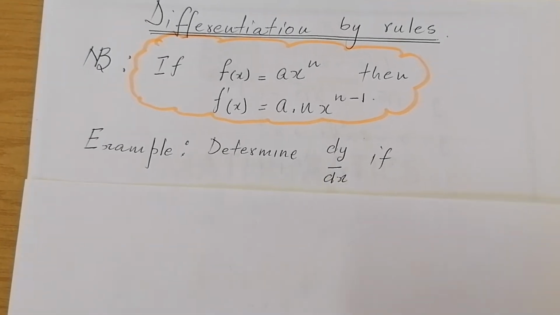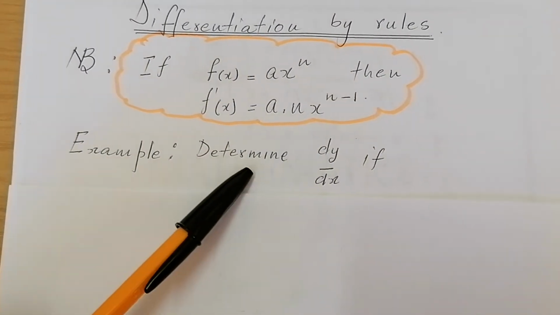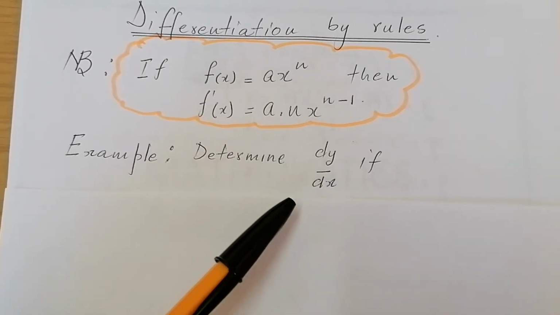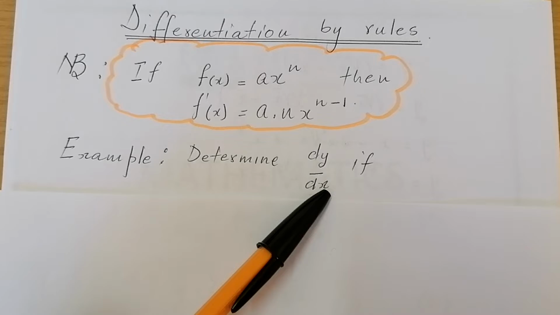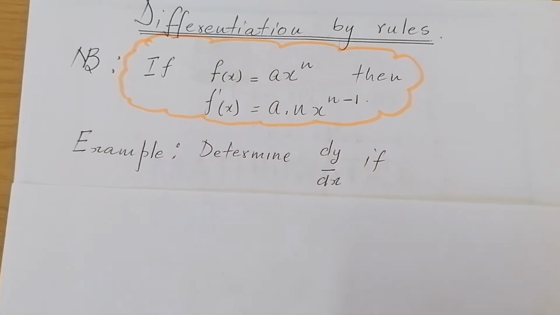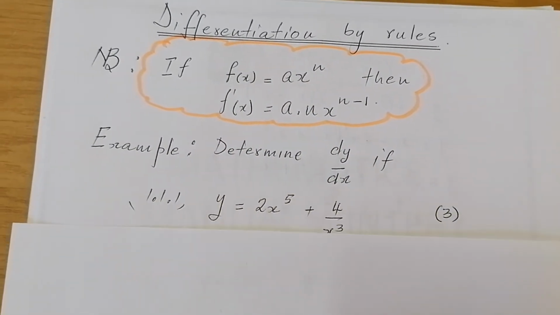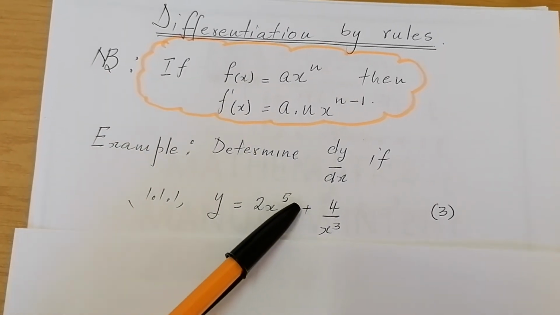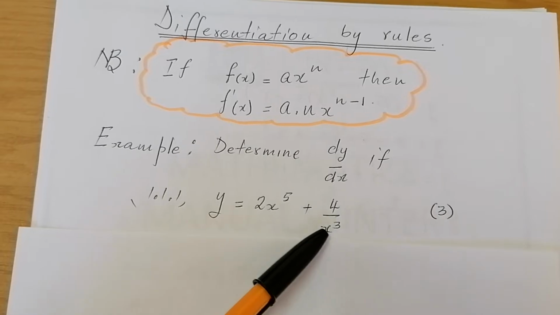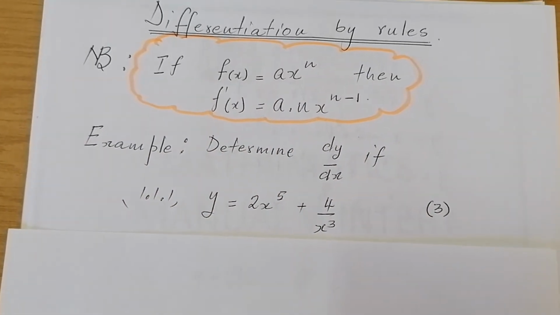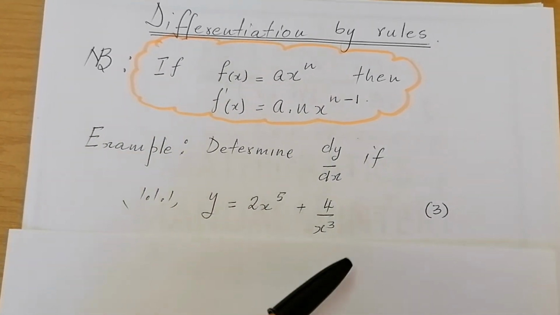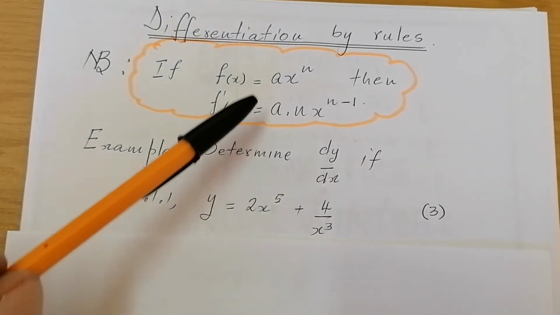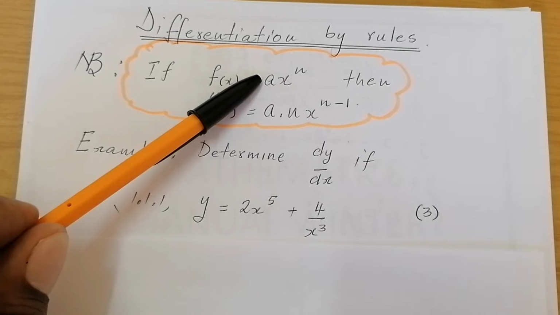In my example, I'm saying to you, determine the derivative of the function y with respect to x if it is given that y is equal to 2x to power 5 plus 4 divided by x to power 3. Now let's look at this given function. Can you see that 2x to power 5 is in that form?